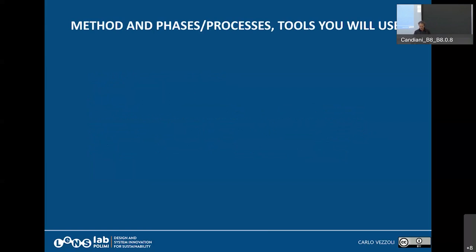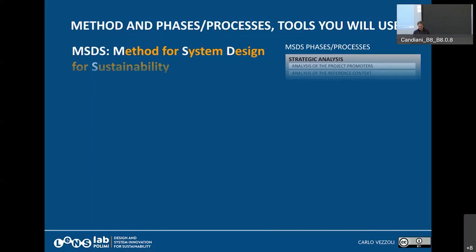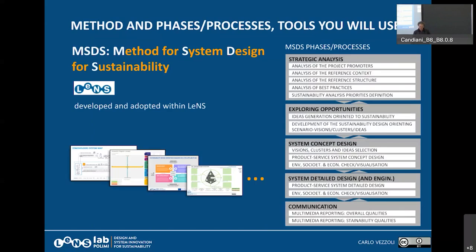Which is the method and the phases and the tools and the processes that you will be doing during this design exercise. Obviously, not from the strategic analysis till the engineering of a product service system. We will go till, well, the method is the MSDS methodology, of course.